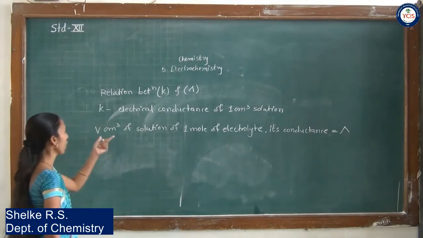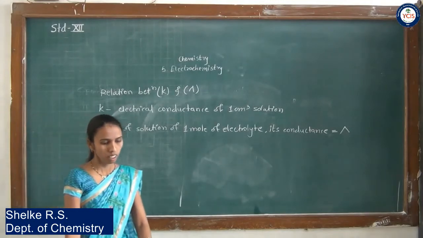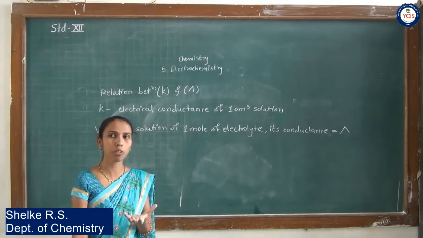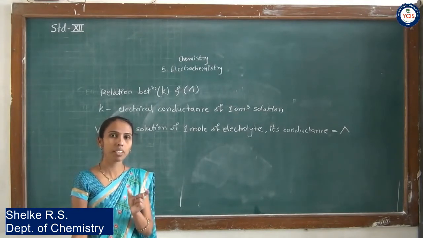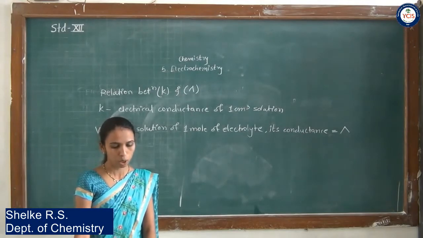Okay, now in a V cm cube of solution, in that each 1 cm cube portion of that solution, म्हणजे V cm cube एवढं सोल्युशन घेतलंय, मग त्याच्यामधल्या प्रत्येक 1 cm cube एवढ्या सोल्युशनचा जो कंडक्टन्स असणार आहे तो काय असणार आहे?